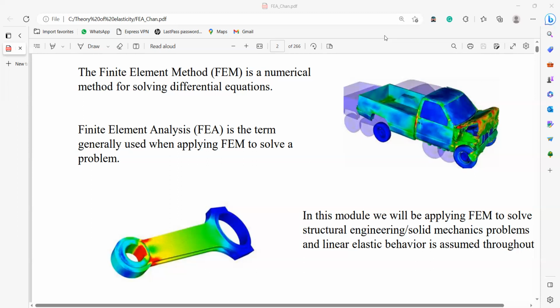Is it just the response after you apply the load? Does plastic mean that after you release the load, it can regain its original position? So why is it called linear elastic behavior?